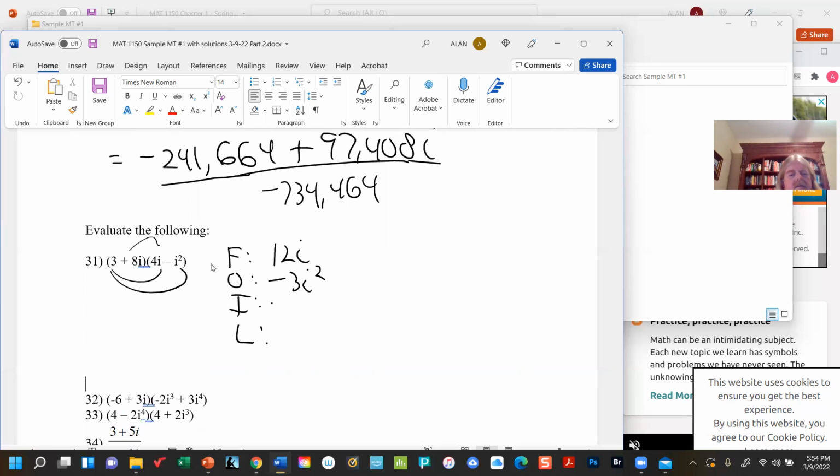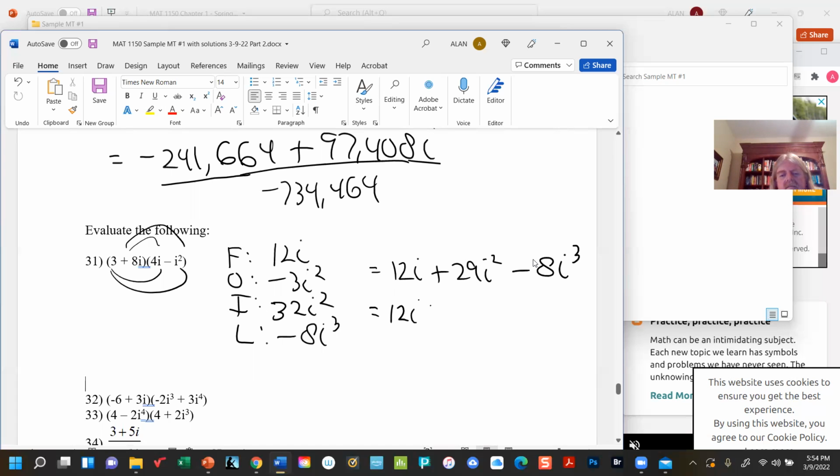I is positive 32i squared. And then the last one is minus 8i cubed. So we'll consolidate these to give us 12i plus 29i squared. So just remember, i squared is -1. i cubed is -i.